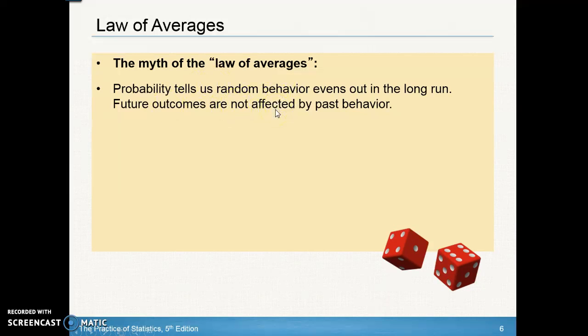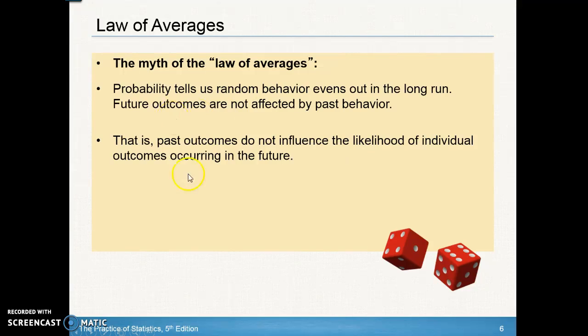And whatever you rolled in the past, if you rolled 6 sixes in a row, the next roll that you do is not affected by the fact that you just rolled 6 sixes. Okay? Past outcomes don't influence the likelihood of an individual outcome occurring in the future. So that just means, like I said, you roll a dice, you roll 6 sixes in a row. Those 6 sixes are completely out of the picture.